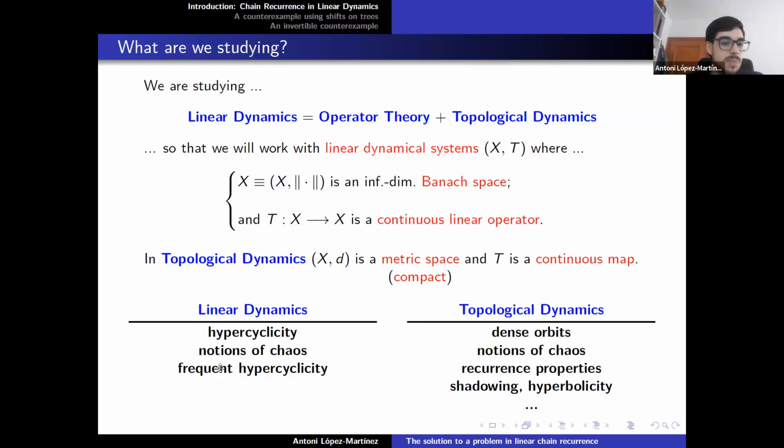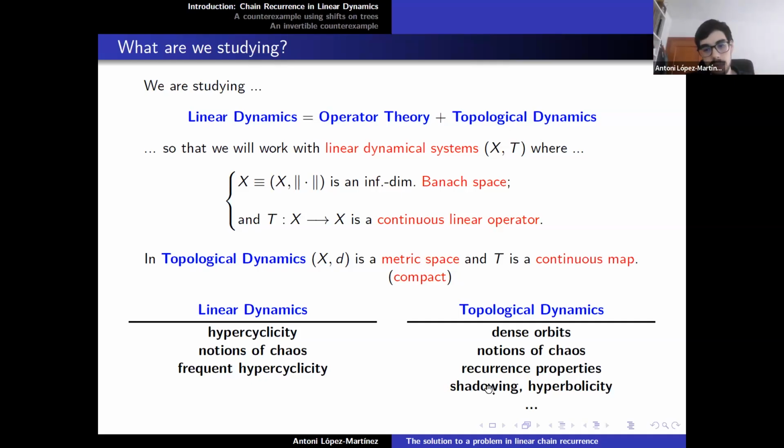And the notion of frequent hypercyclicity has been studied, which is hypercyclicity mixed with some notions of recurrence. So this also comes from topological dynamics, more or less. And in fact, in topological dynamics, many other notions have been studied, and now they are starting to be included in linear dynamics. So in this talk we'll go in this direction.